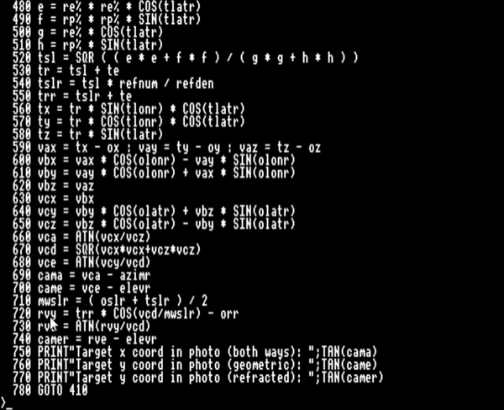Refracted vector y-coordinate, not the actual vector but the refracted vector, is the target's radius from the centre of the Earth with refraction, as in apparent radius, times the cosine of the actual distance divided by the apparent radius with refraction of sea level midway between the two, minus the observer's apparent radius, taking refraction into account.